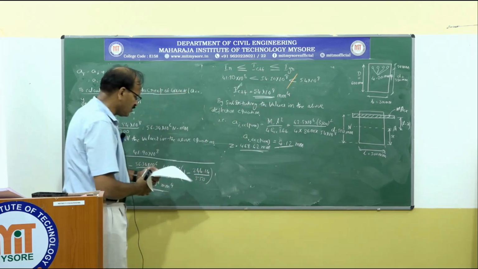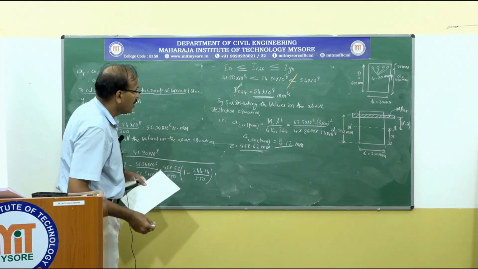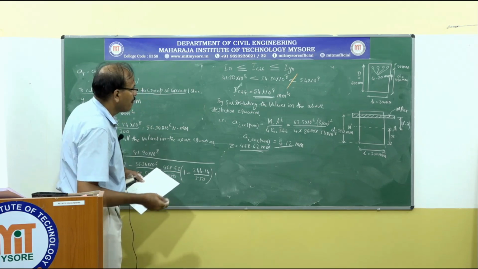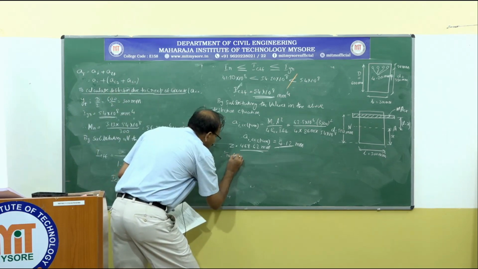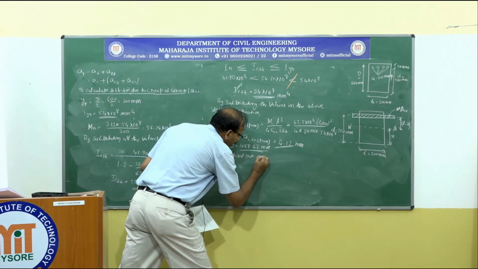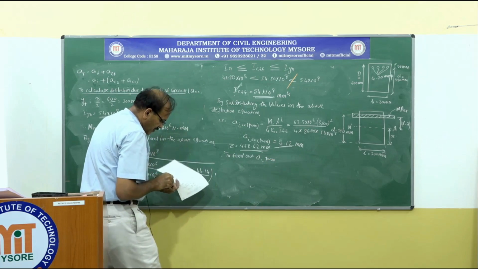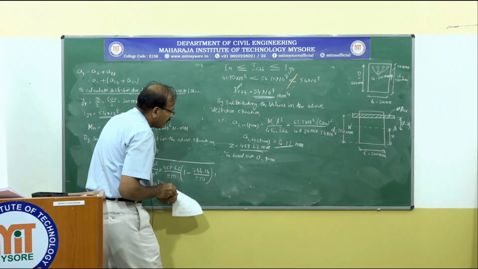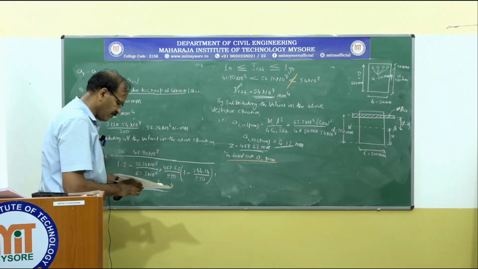The next step is to find out a_i permanent. Again, I am going to make use of the same formula.